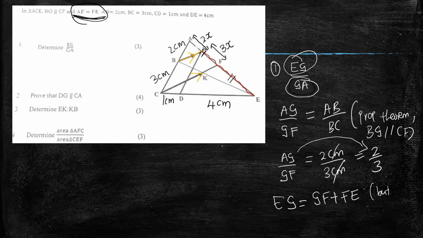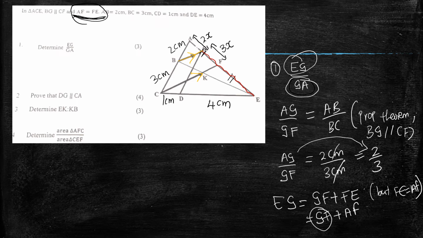And you can see from your diagram, AF is made up of 2x plus 3x. We were just given that FE equals AF, so we can replace FE by AF, and replace AF by 2x plus 3x, which is 5x.